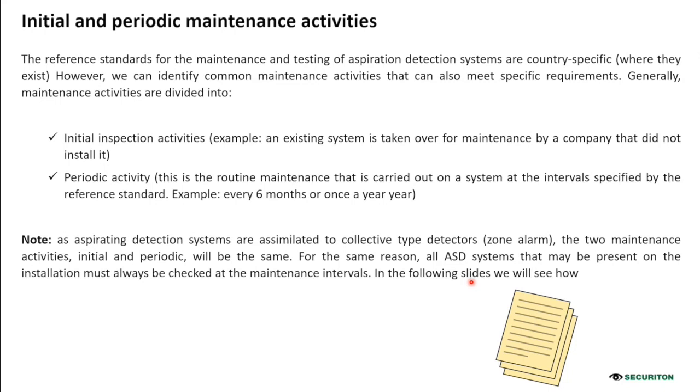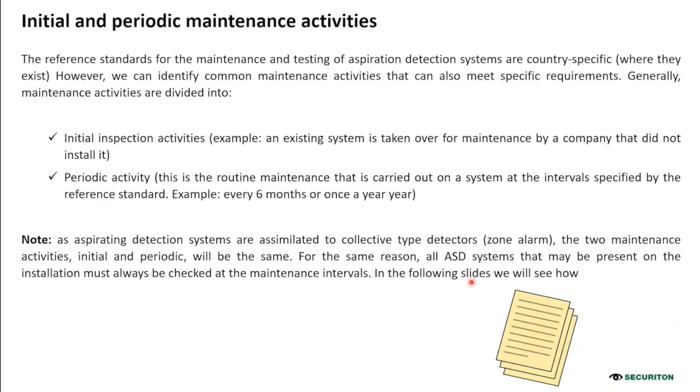Generally, the maintenance activities are divided into initial inspection activities. For example, you are an installer and you are taking over the maintenance of a system that you did not install, so a system that you don't know. At the beginning, you need to check if the system was configured well and if it works well.